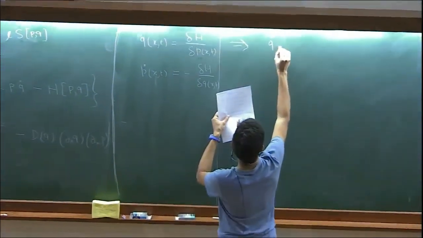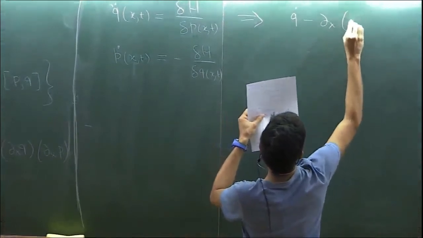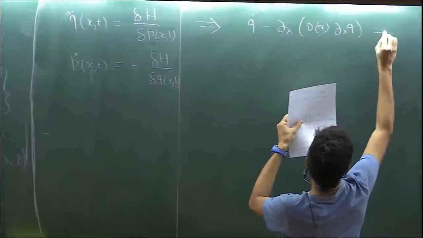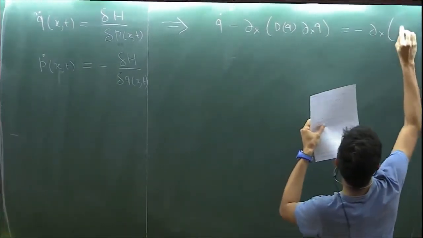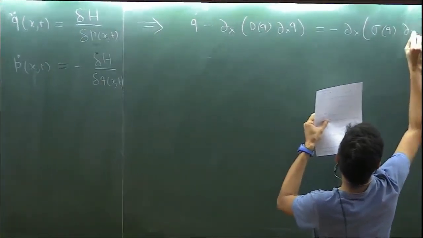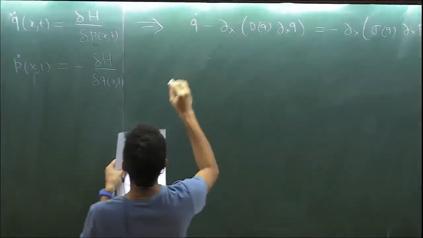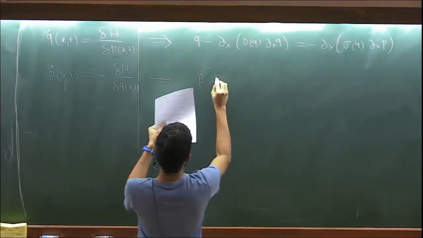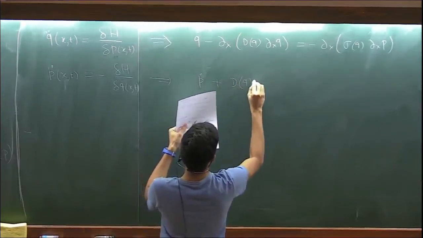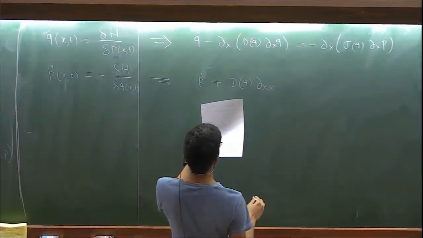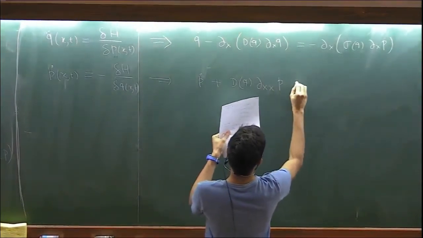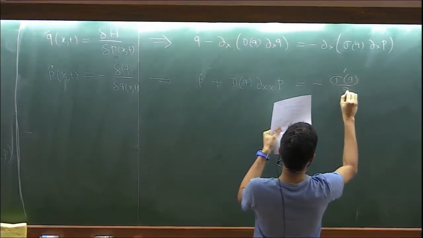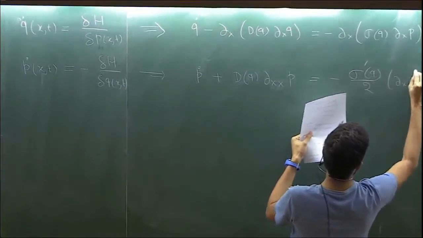Q dot minus del x of Q del x cubed minus del x of Q del x, and this equation will give you P dot plus Q del x double derivative of P equal to minus sigma prime of Q divided by 2 times del x P whole squared.